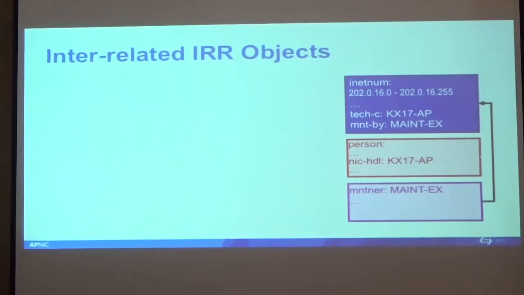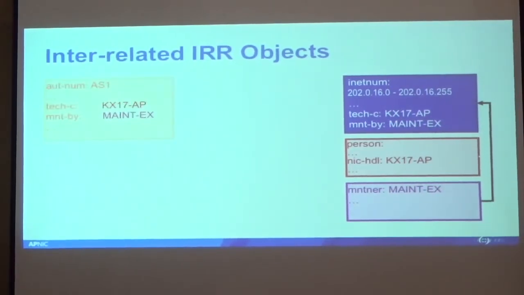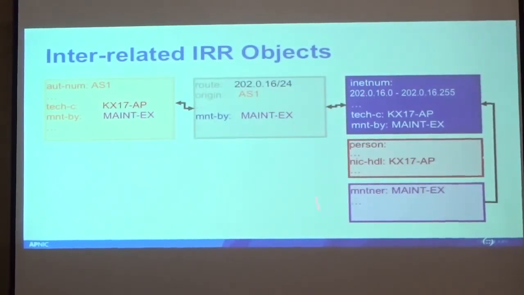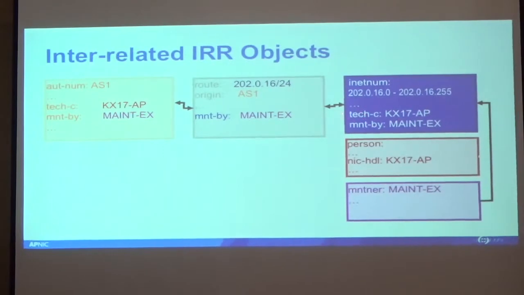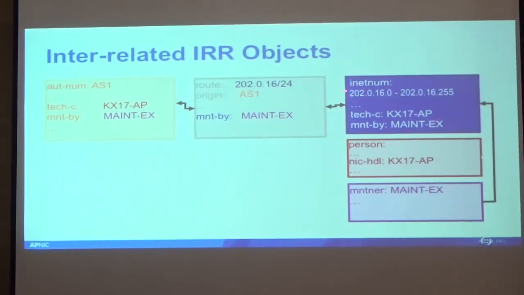Now what about all the other IRR objects that we have discussed? It's like this. You're familiar with this part. You have an inetnum object, and you have person or role objects referenced using the tech-c or admin-c context.